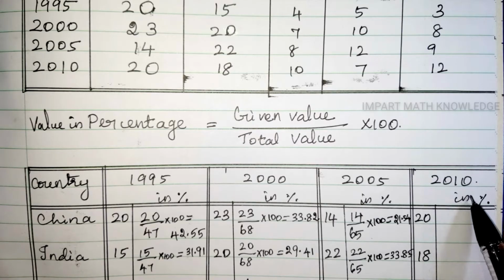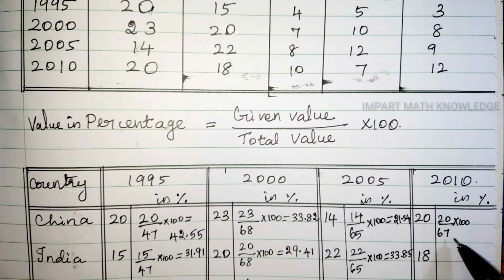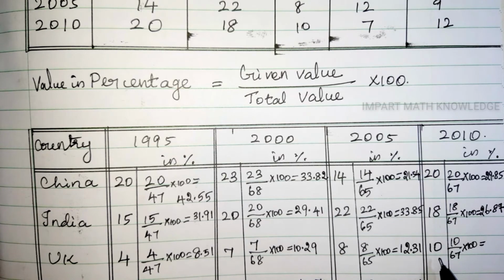In the year 2010, the birth rate for China is 20. 20 divided by 67 into 100 is 29.85. Now for India, the birth rate is 18. 18 divided by 67 into 100 is 26.81. For UK, the birth rate is 10.